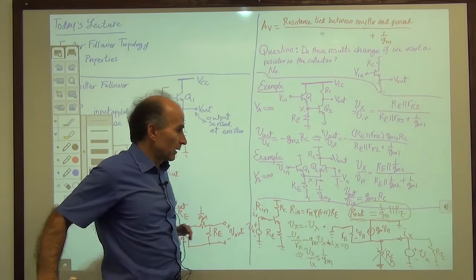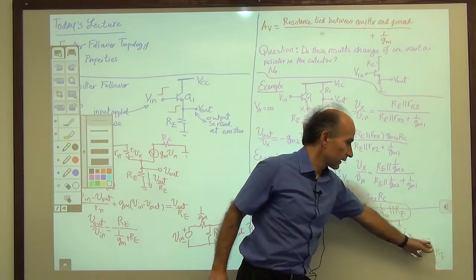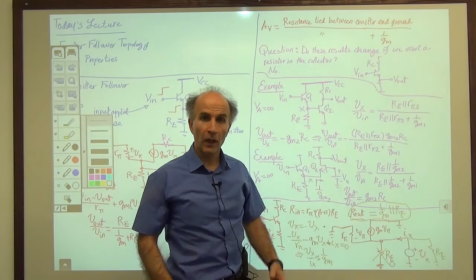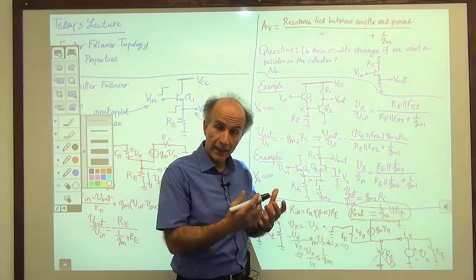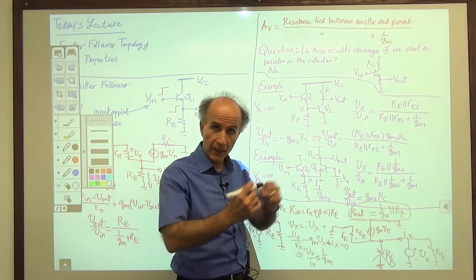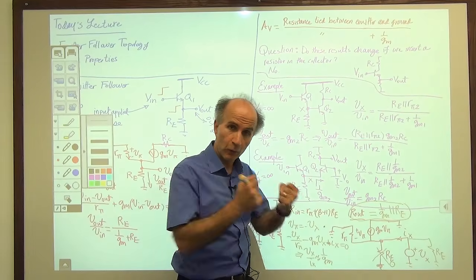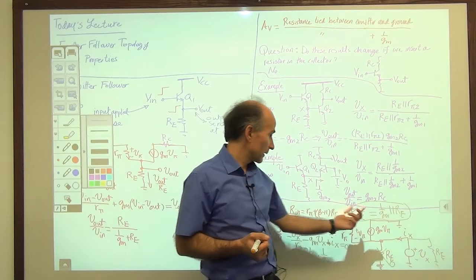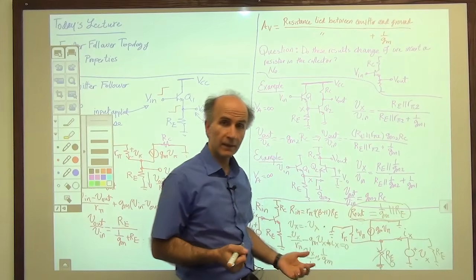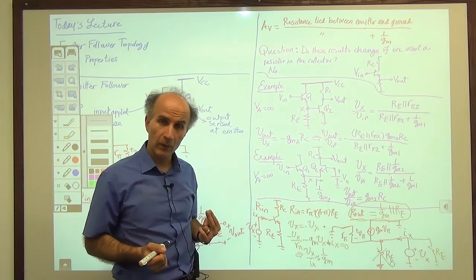So why did I do this? Why did I take Re out first? Well, I want you to become comfortable looking at the circuit and deciding which simplifications can be made before you jump into the equations. We can now readily see that this output resistance consists of two parallel components.